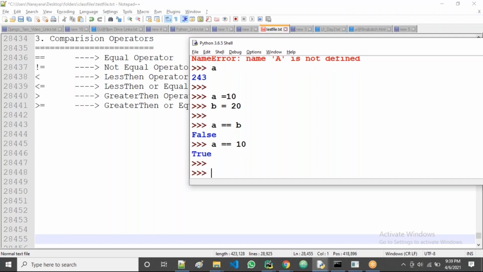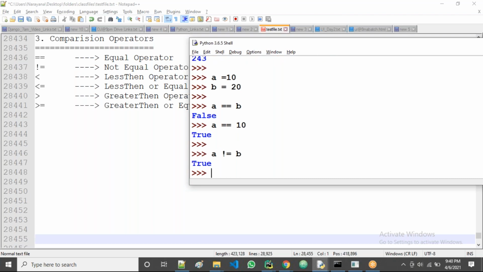Next, suppose a not equal to b. Tell me now, a not equal to b. Yes, false.